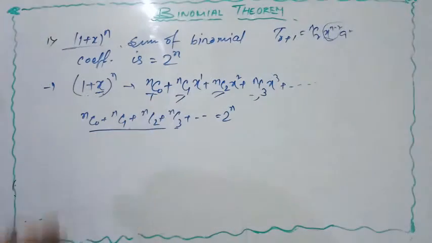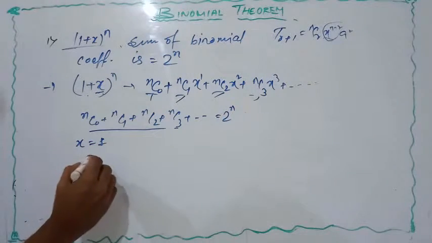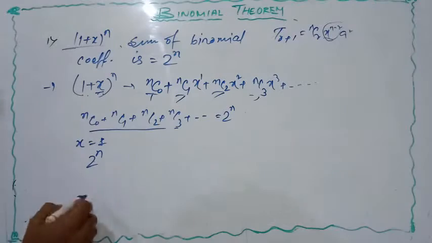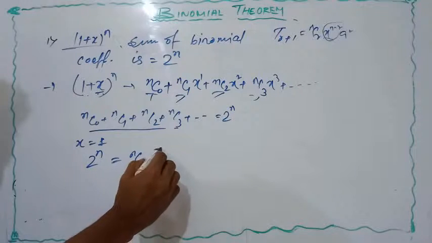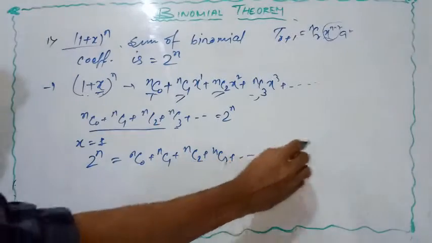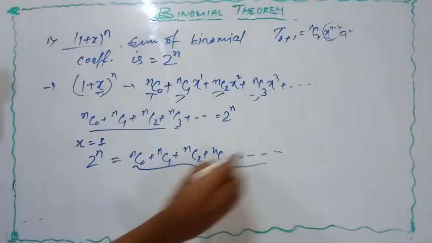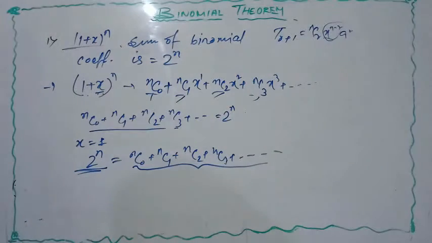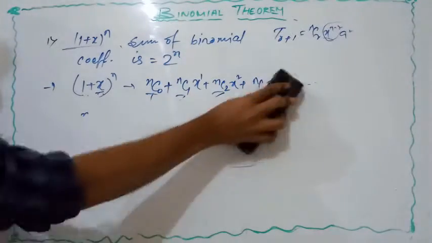So if we put x = 1, what do we get? 1 + 1, that is 2^n, is equal to nC0 + nC1 + nC2 + nC3 and so on. That is nothing but the sum of all binomial coefficients equal to 2^n. So in this way we can prove that the sum of binomial coefficients in the expansion of (1 + x)^n is equal to 2^n.